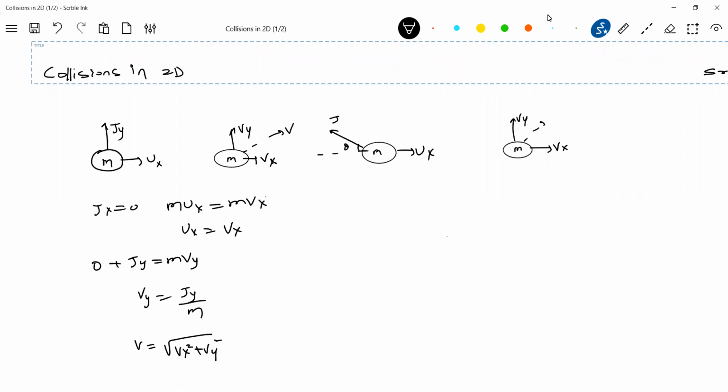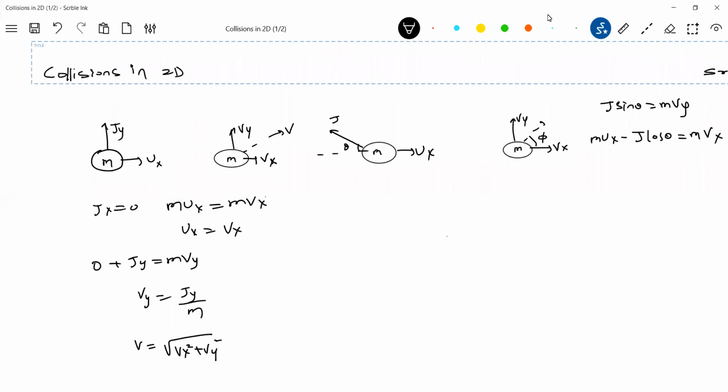Then the equations of motion are: J sin theta equals mvy. Along the x-axis, mux minus J cos theta, because the component of impulse J cos theta is opposite to the initial momentum, equals mvx. The values of J and theta will be made available to us, so we can predict vy and vx, and then the direction in which it will move.